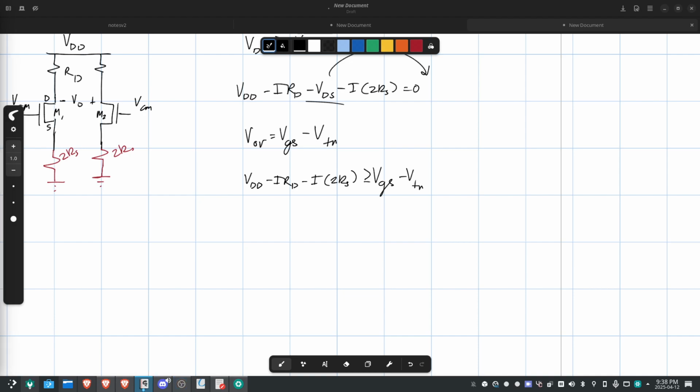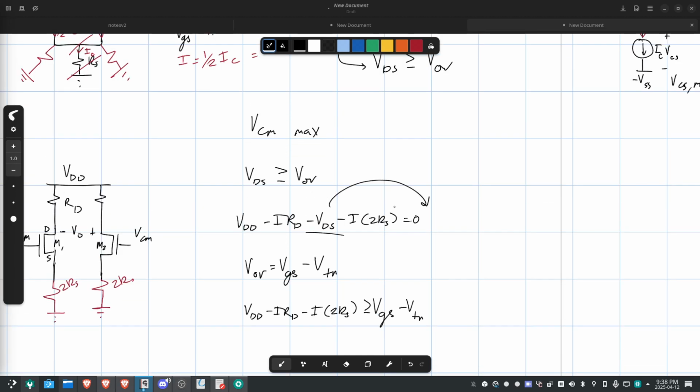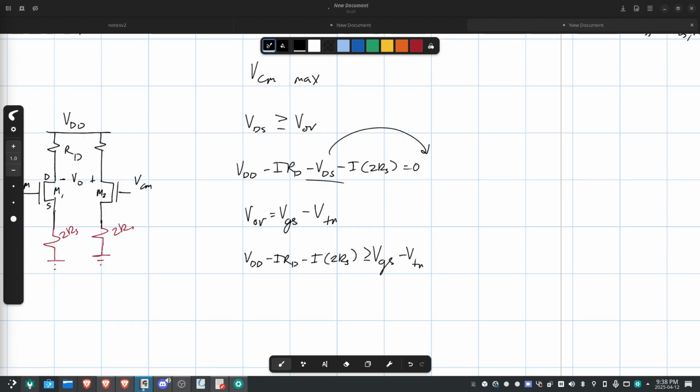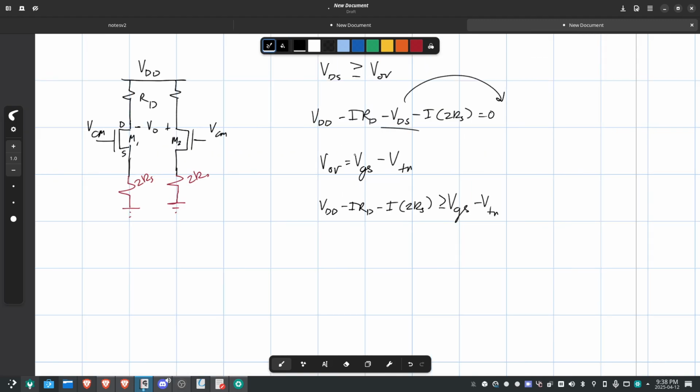So we still have the problem that we need to find a value for VCM. But so far, we don't have VCM in this equation. Can we get VCM? Yes, we actually can using VGS. Remember that VGS is just VG minus VS. What is VS? VS is going to be this point here. This is S. That's going to be the current times the resistance.